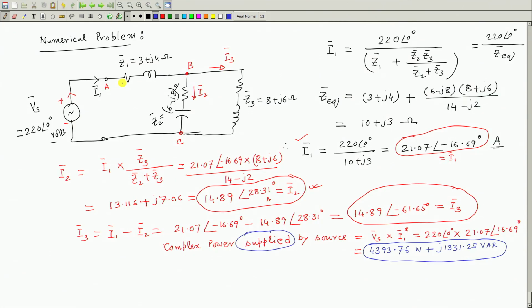Since each of them has some energy storing elements, I would expect that each of them will absorb both real and reactive power. So, the sum of all the complex power will eventually come out to be this. This we will see, we will continue with these calculations. Okay. Thank you.